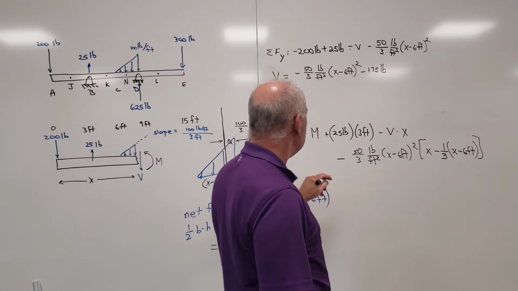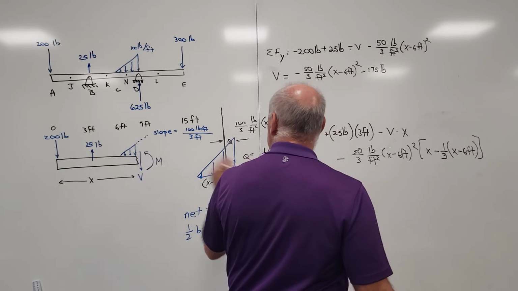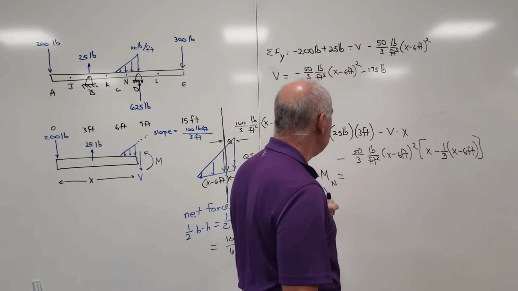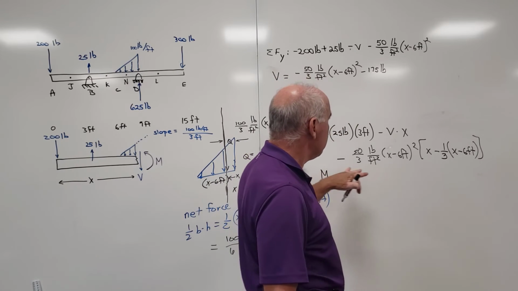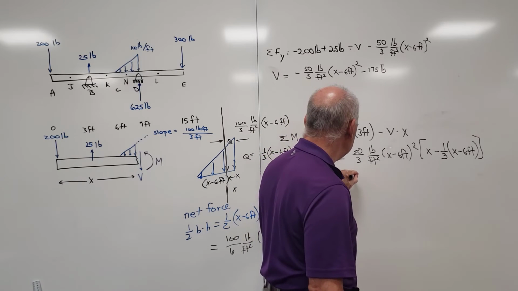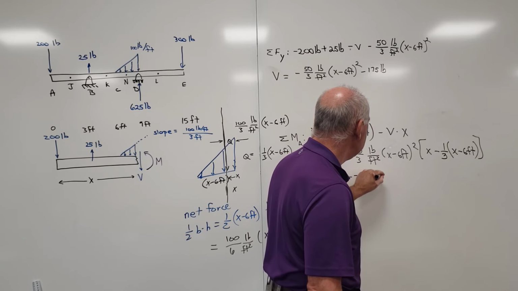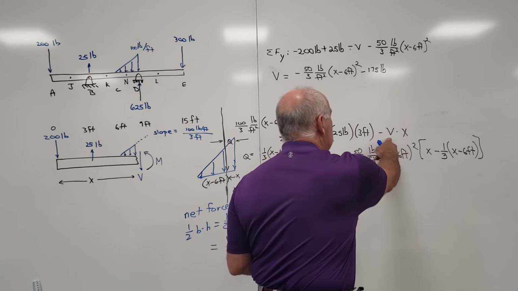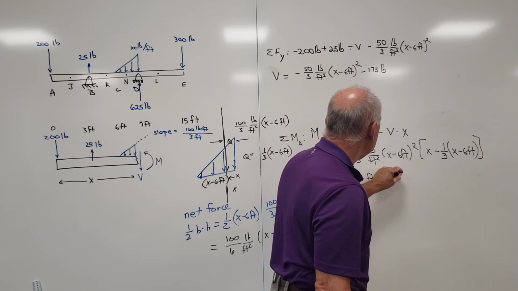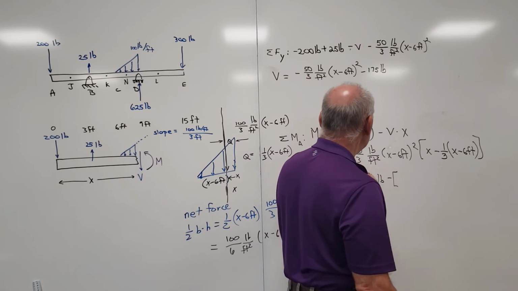So when I do all of this, I'm going to get M, and I'm going to call that M sub n equals, and I'm going to tackle this last. So I have 75 foot-pounds, and that's going to be negative, because I brought it to the other side of the equal sign. Then I bring this to the other side, it becomes positive, but then that's minus. So minus V, which is this lovely stuff up here.